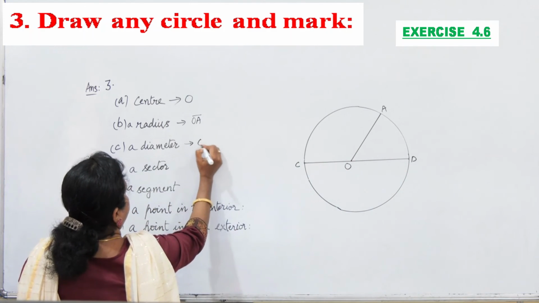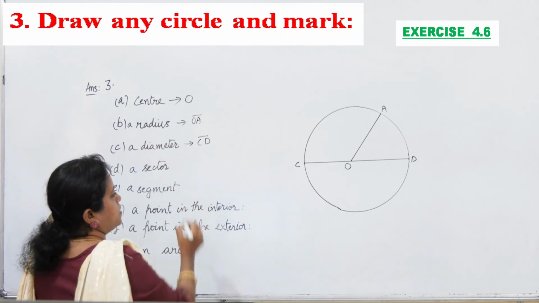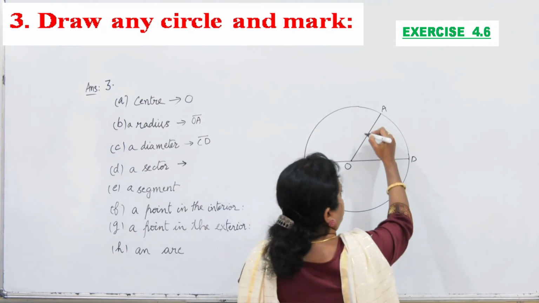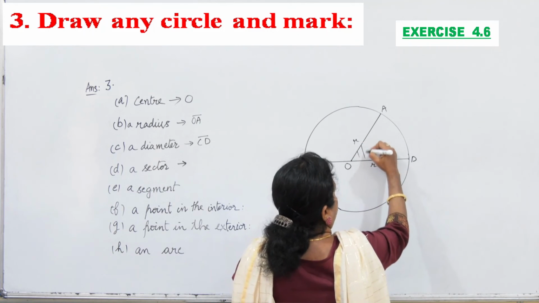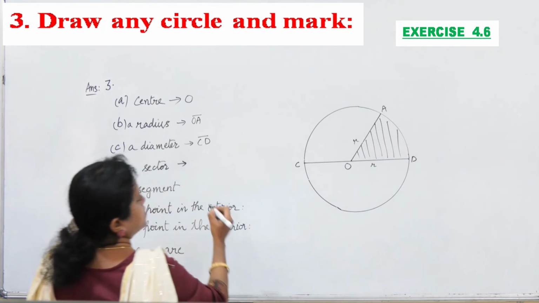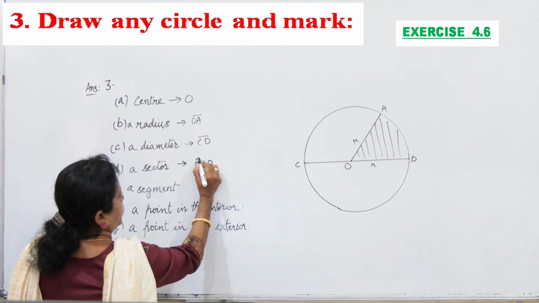So CD is the diameter of the given circle. Sector is a region between an arc and 2 radii. So this can be one of the sectors because this is also a radius and this is also a radius. So this will represent the sector. You can write the sector as sector OAD.